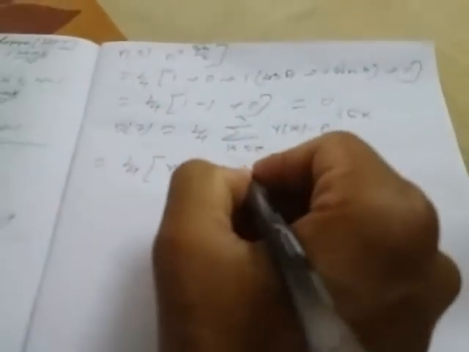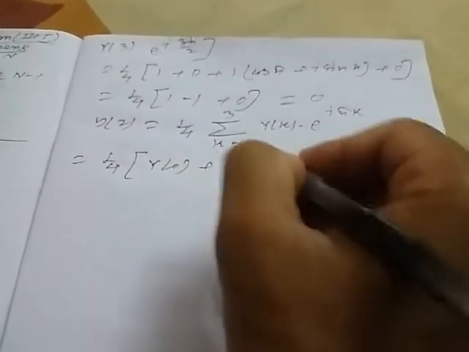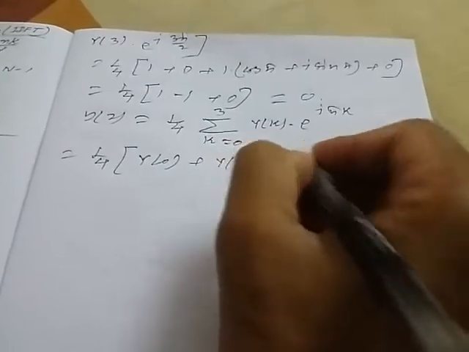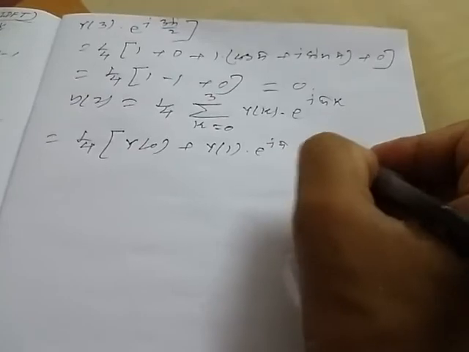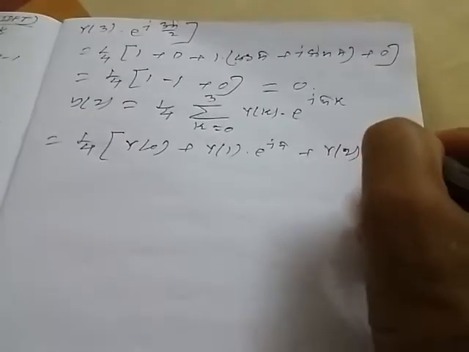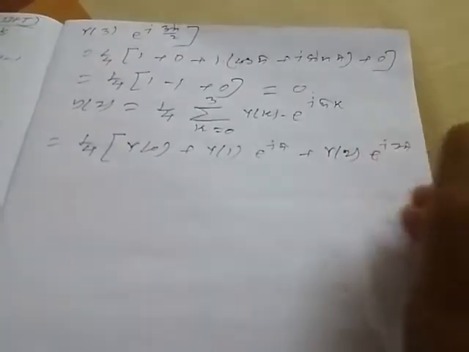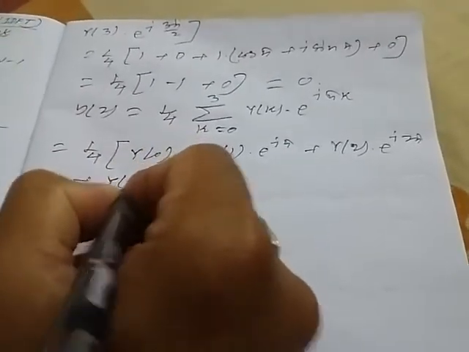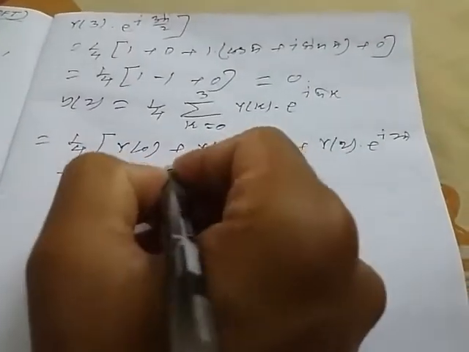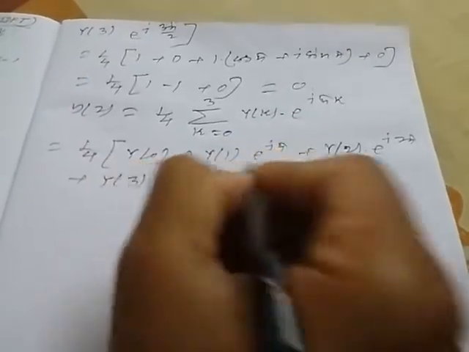So this will be 1 by 4, Y0 plus Y1 into e to the power j pi plus Y2 into e to the power j 2 pi plus Y3 into e to the power j 3 pi.